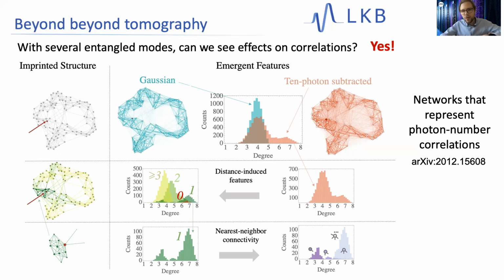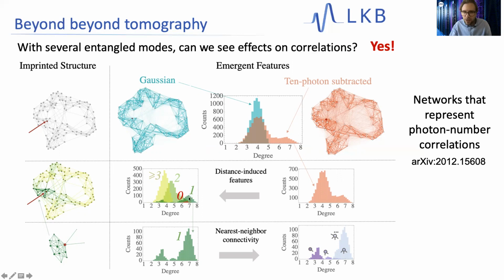Then you have the ones that are one step further removed that are still affected quite strongly, but the ones that are further away more or less give you the same distribution as you would get for the Gaussian case.